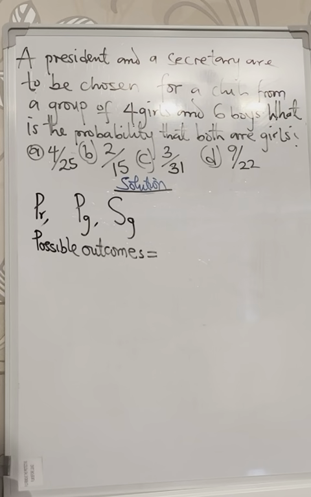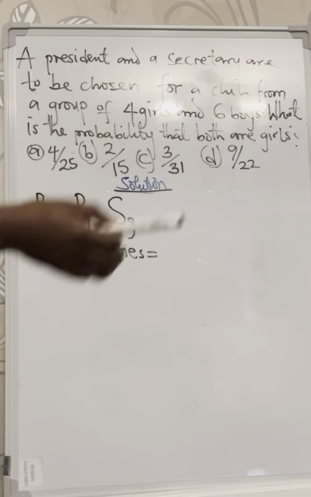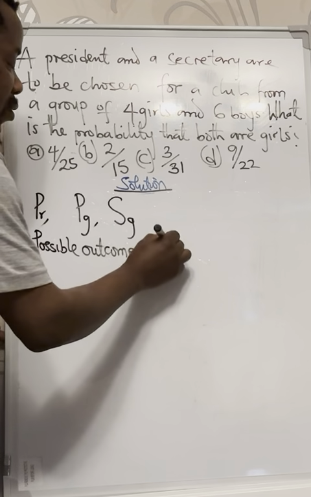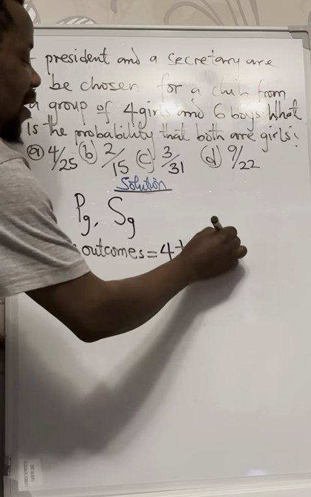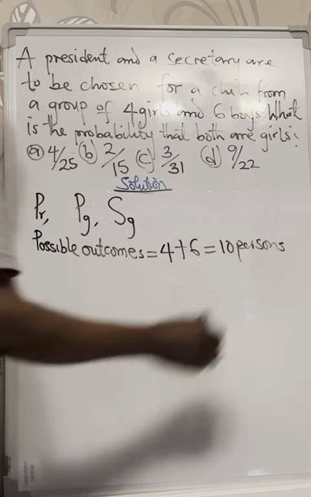What can we say is our possible outcome? This is a club. What is the possible number of persons in that club? We have four girls and six boys. The possible outcome is just 10 persons.